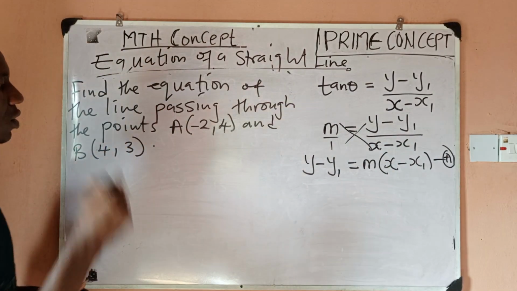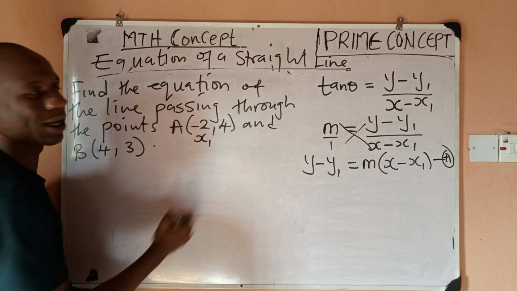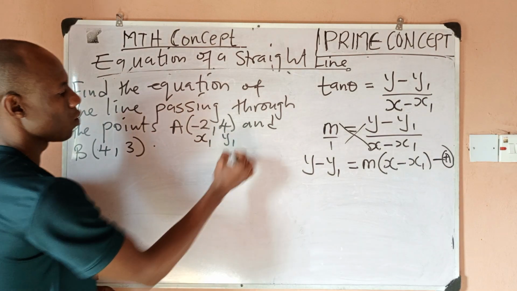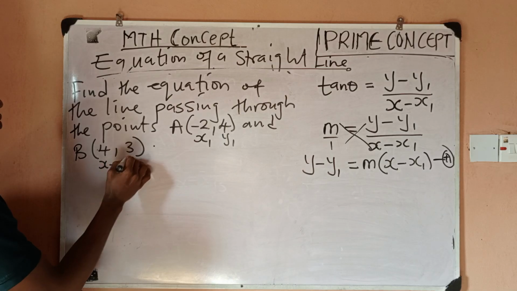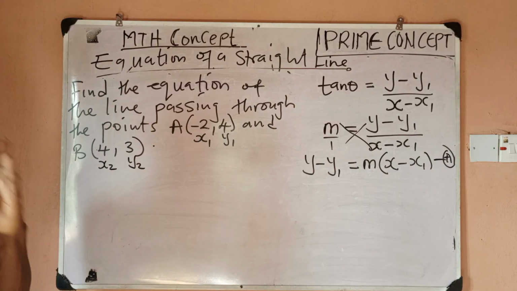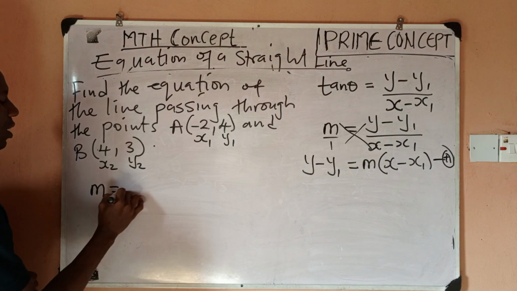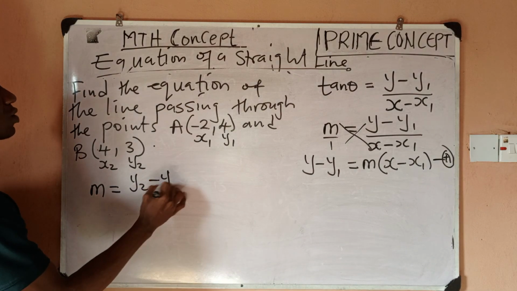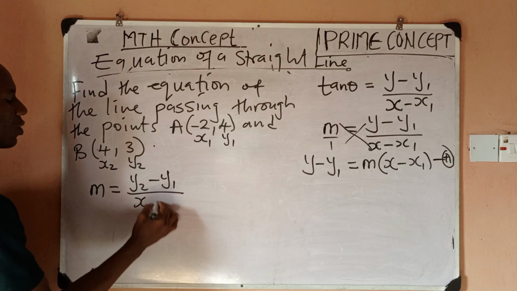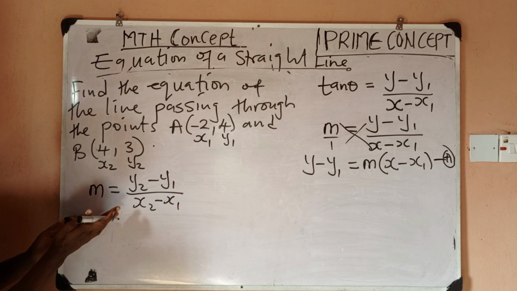So I'm going to call this point x1, y1, and this point x2, y2. Then I'll be able to get my slope, m equals y2 minus y1 divided by x2 minus x1.